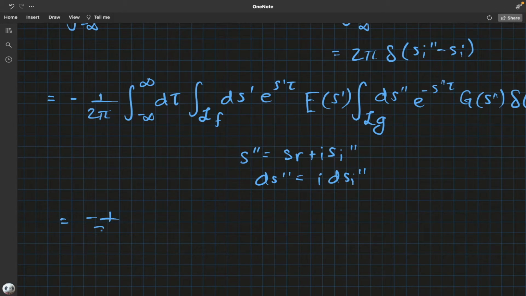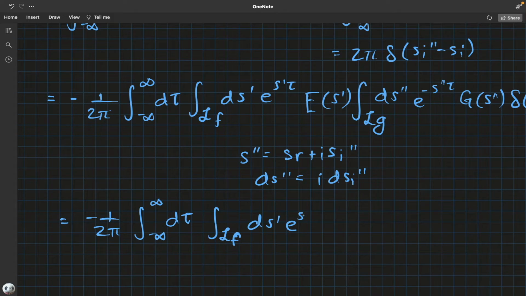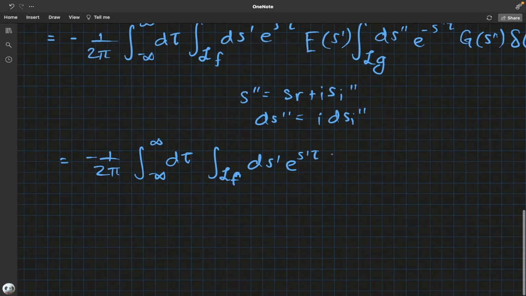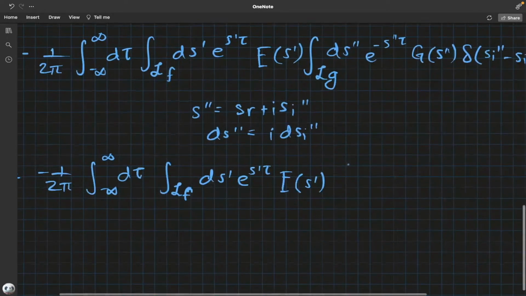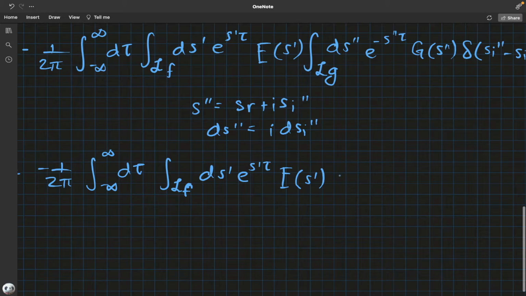So with this substitution in place, these things are hard, or I have to be a little more careful compared to the Fourier transform convolution. That was just easy. Everything was real. Here we have to work with contours, fix everything up.